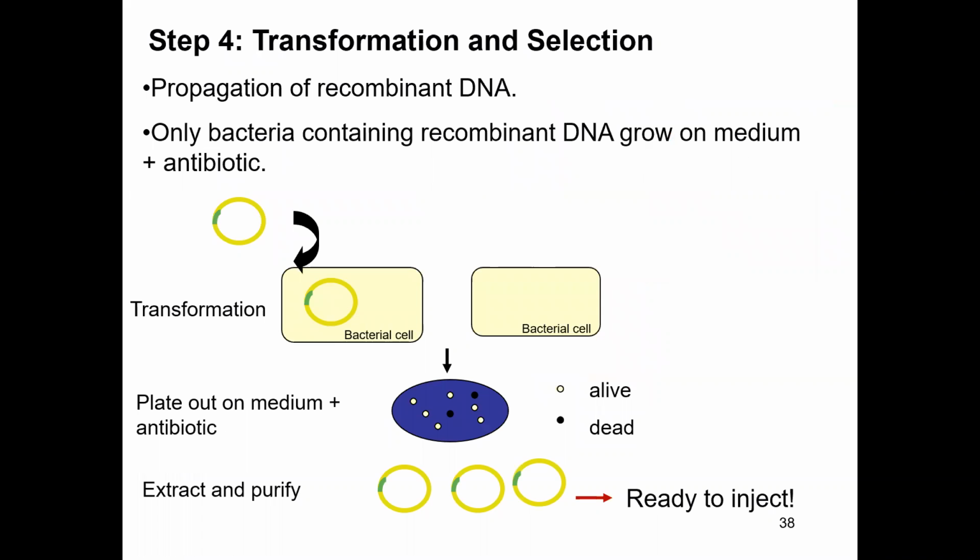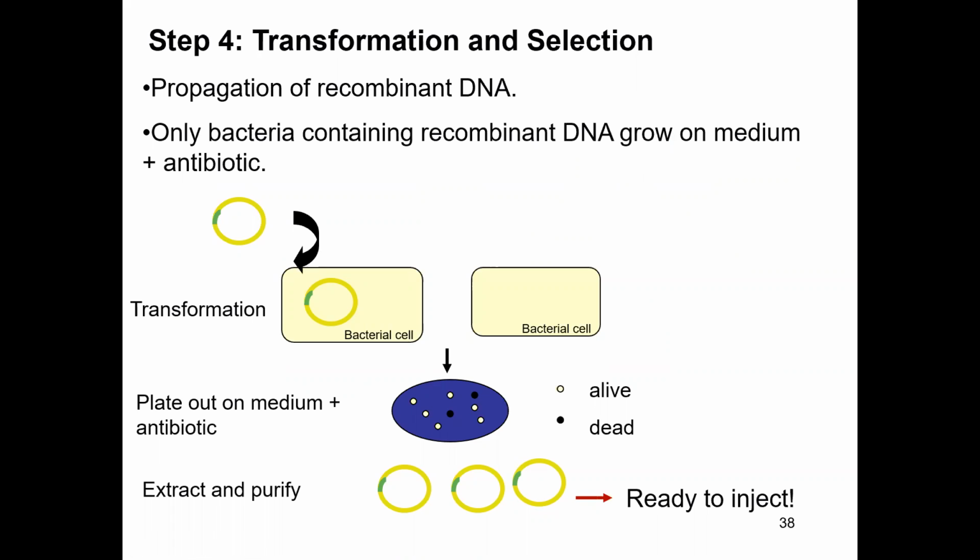So now we have our plasmid. We need to make billions of copies of our plasmid. So we're going to propagate the recombinant DNA by putting it into bacteria. And because we have a gene for antibiotic resistance, we could select on our plates to get only the ones that picked up our gene of interest. So this again should be familiar to you.